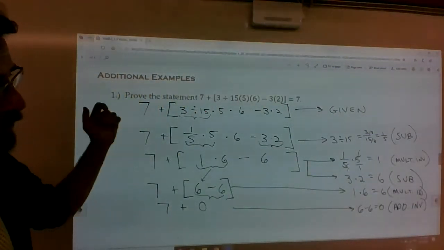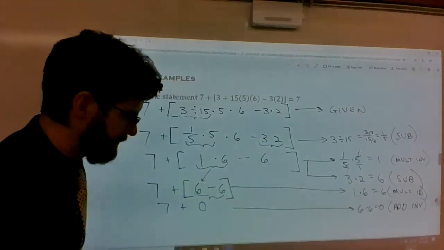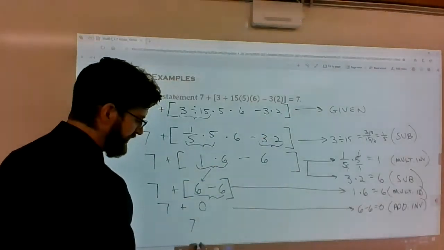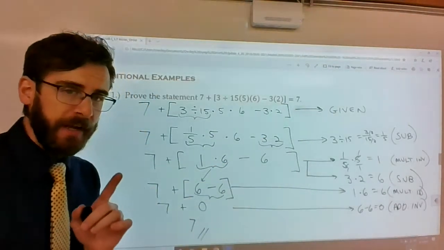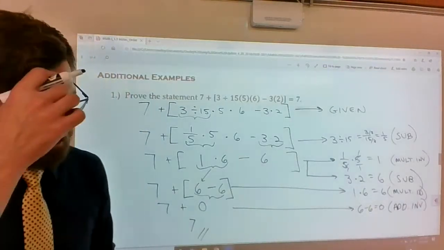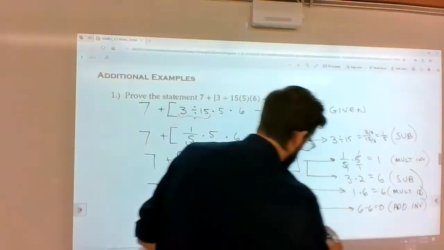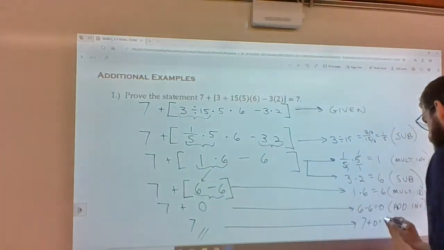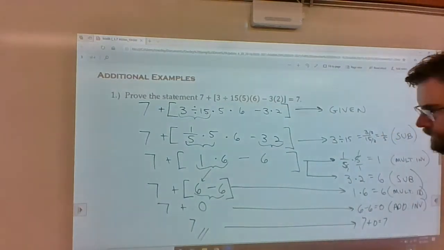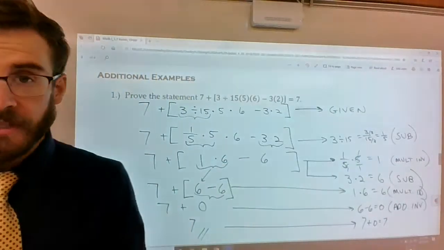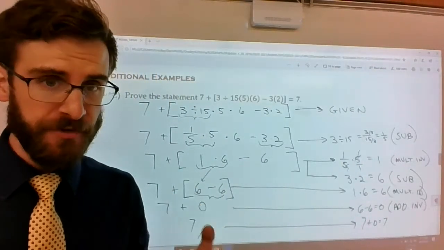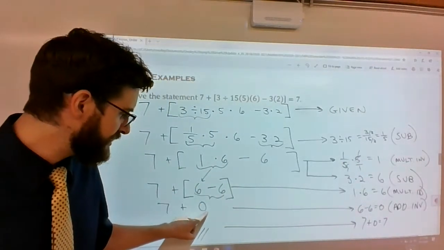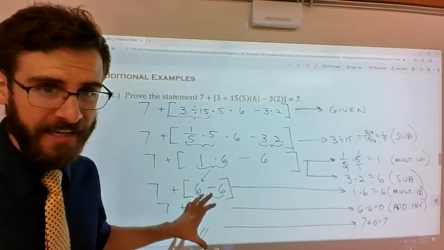And then the last move, indeed, we get 7. That's the end of my proof. But do make sure you document the very last step here. 7 plus 0 equals 7. Now, if you look at the first page of notes, anytime you add 0 is the additive identity.